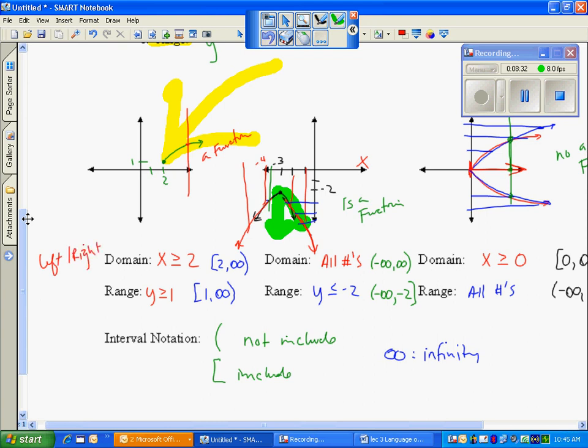There was no points on the left-hand side. My range is, I look, does my graph head upward? Notice this graph was going up. Does it head downward? No, it does not. The lowest point it gets is y. So this is going to be your range or your y. This is going to be your domain or your x. So you must look at the picture and figure out the directions that your graph is headed.